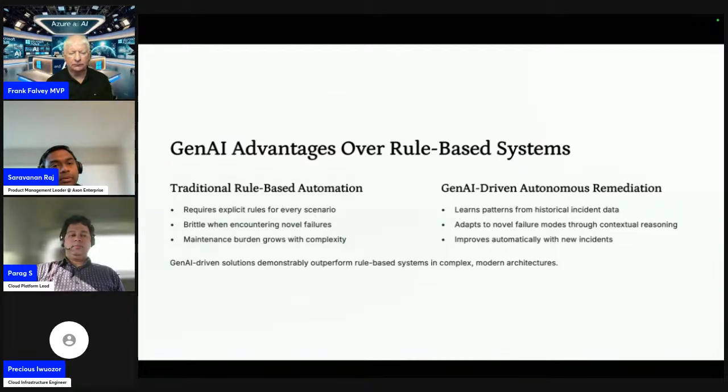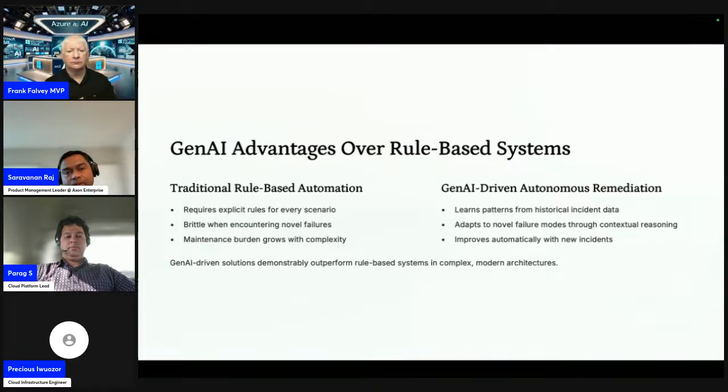But the problems could be thousands, and every time an outage happened, it could be completely different from your predefined list of scenarios. This is where generative AI learns the patterns over a period of time using historical data, and it can recommend the right solutions, generate the hypothesis and come up with the right root cause, even if it is not part of the predefined list.